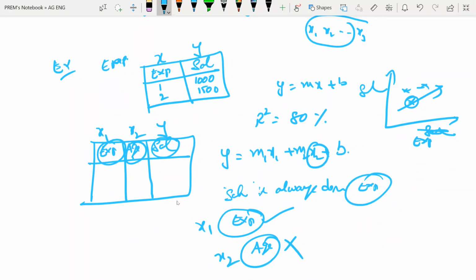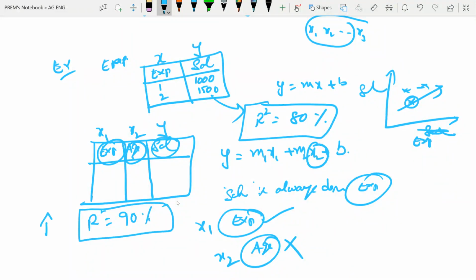If you add independent variables to the model, what happens? Before, there was an R square value for this table. If you add age, one more independent variable, your R square may become 90, so the R square value will increase.